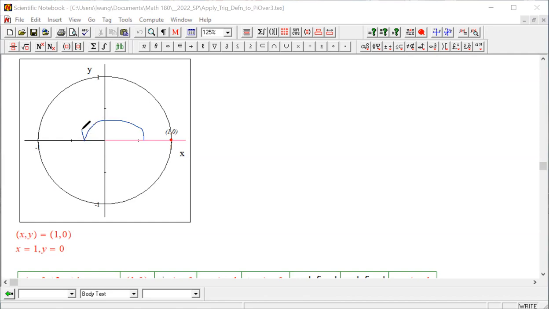It could be pi, it could be -pi, it could be 1 pi, 2 pi, 3 pi.